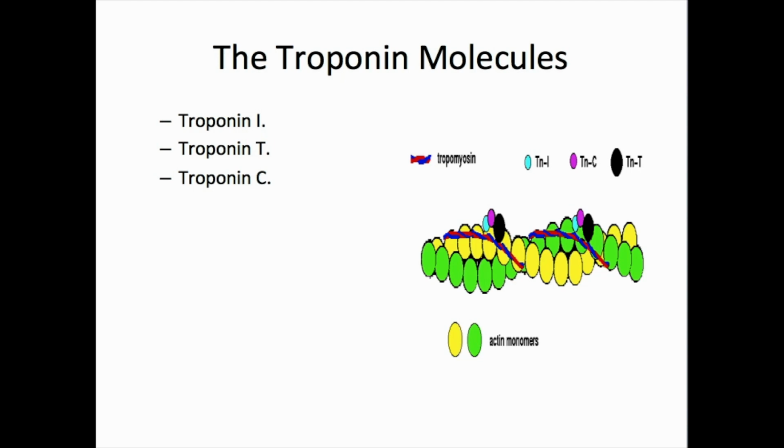Attached along the sides of the tropomyosin molecules are the protein molecules called troponin. Troponin has an important function because it attaches the tropomyosin to the actin.